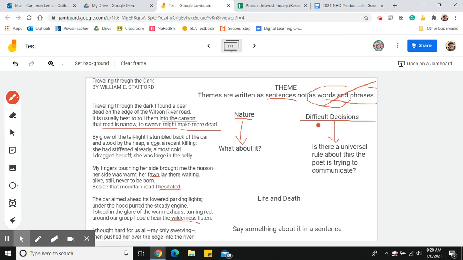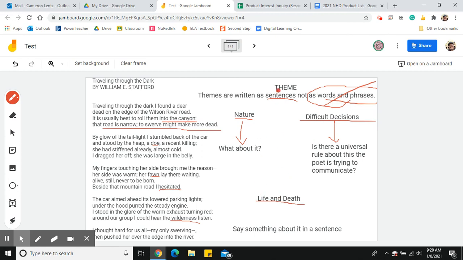communicate about difficult decisions? And then one final example of a motif is the motif of life and death that he talks about. So not only is the doe dead and the fawn is alive, but the decision that he makes in this poem kind of will determine more life and death. Okay, and that's revealed in the last line of the first stanza.